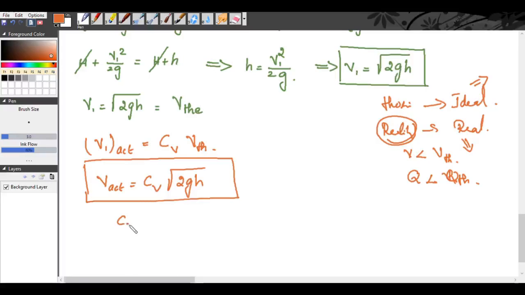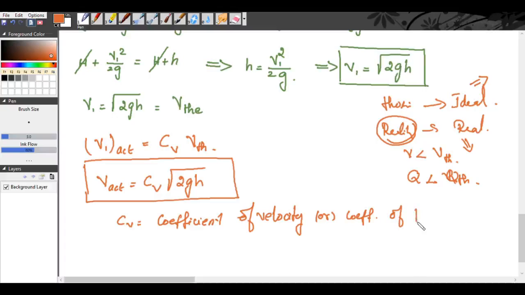Okay, what is Cv? Cv is called the coefficient of velocity. This is one of the hydraulic coefficients, coefficient of velocity or coefficient of Pitot tube.